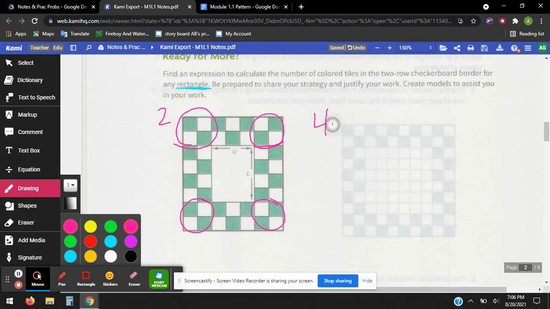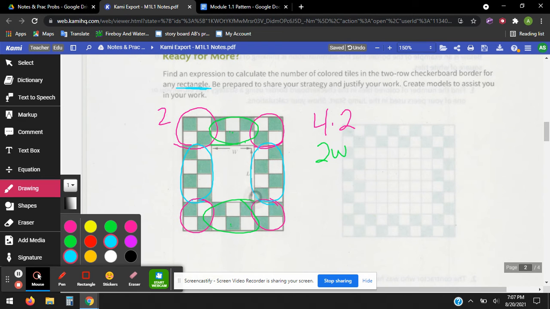So I have 4 corners of 2. But now I have a width and I have a length. So I actually have 3 different things going on here. Just like we said before, 3 boxes, I have 3 tiles. If I stretch this out to 4 boxes, I'd have 4 colored tiles. So whatever our W is, I have 2 of them.